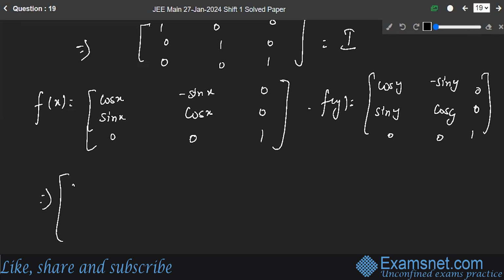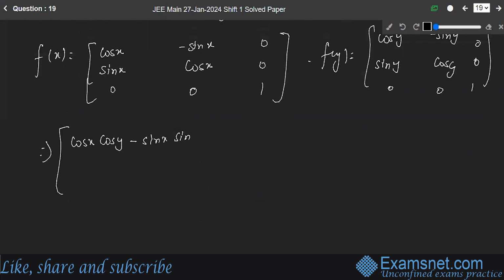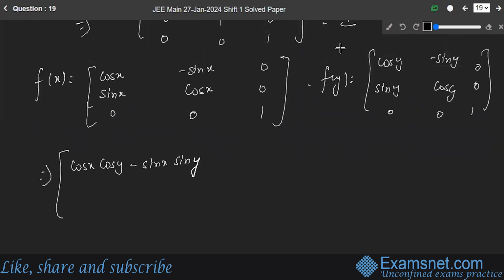So you will have cos x cos y minus sin x sin y. Now, first row, second column, you have minus cos x sin y minus sin x cos y, and 0.